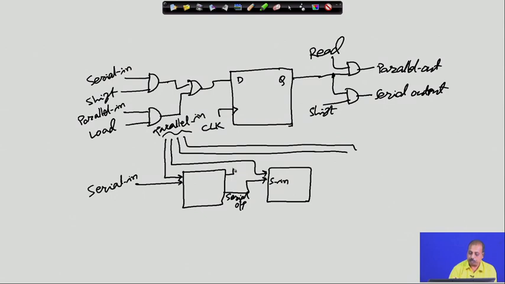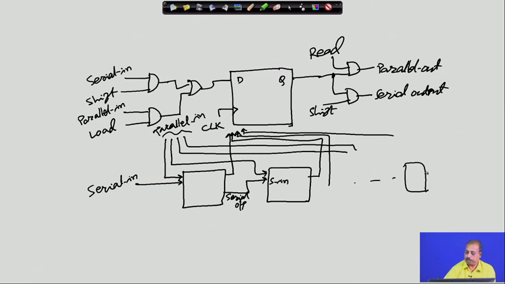These parallel output lines will be taken from the individual flip flops and they will form the 4 bit parallel output coming from the successive stages, and the serial output of the last flip flop will be the shift output.